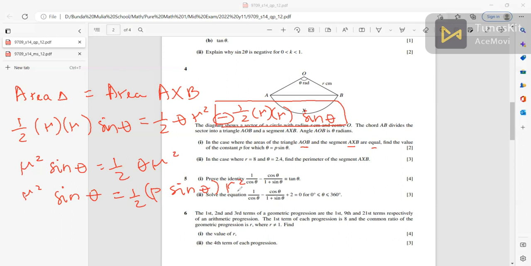So from here, we can find the P. We move the half to the other side first. So become 2R squared sine theta equals to P R squared sine theta. From here, we can see that the P it is equals to 2.